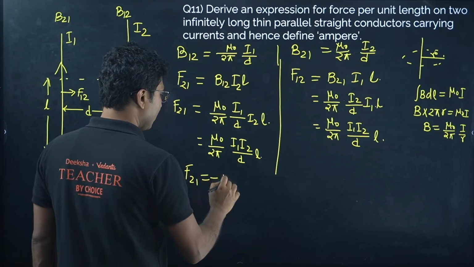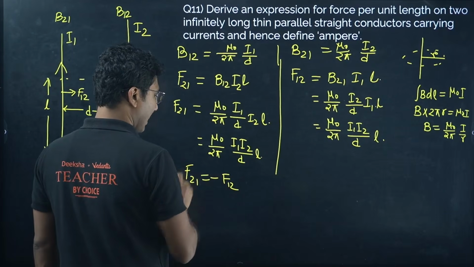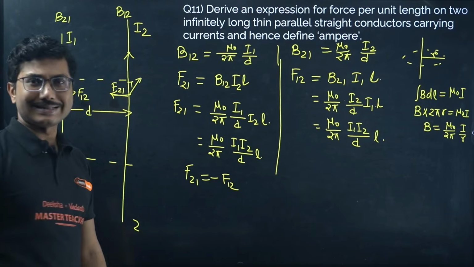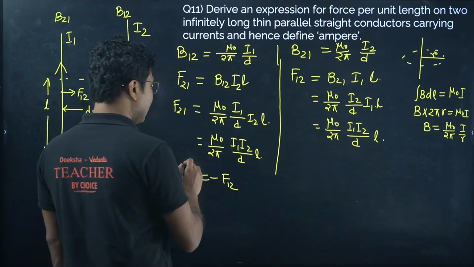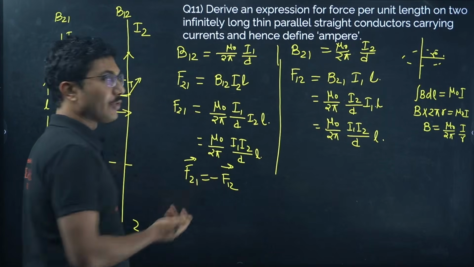F21 must be equal to negative of F12; the direction is opposite, but the magnitude is the same.